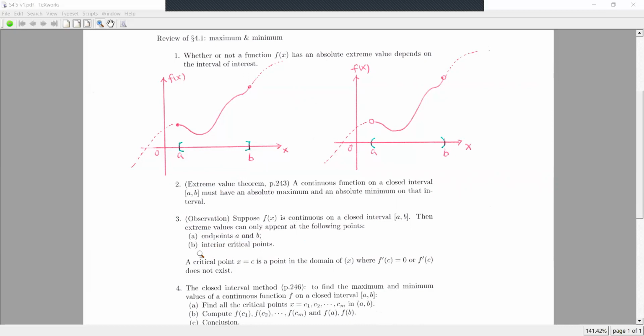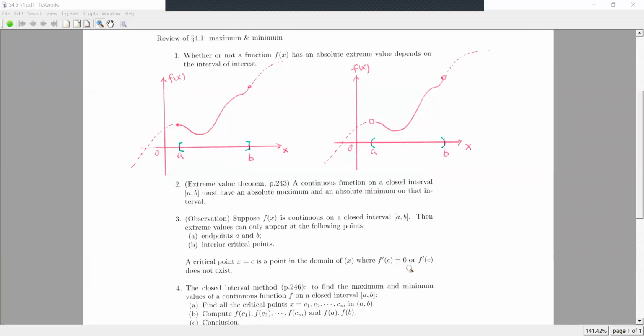And they can appear at interior critical points. What is a critical point? Let's review. A critical point is a point c in the domain of the function f(x) where the derivative at c is 0 or doesn't exist.